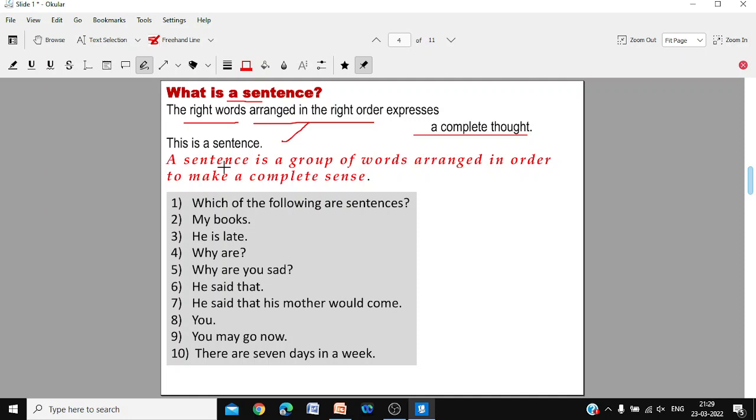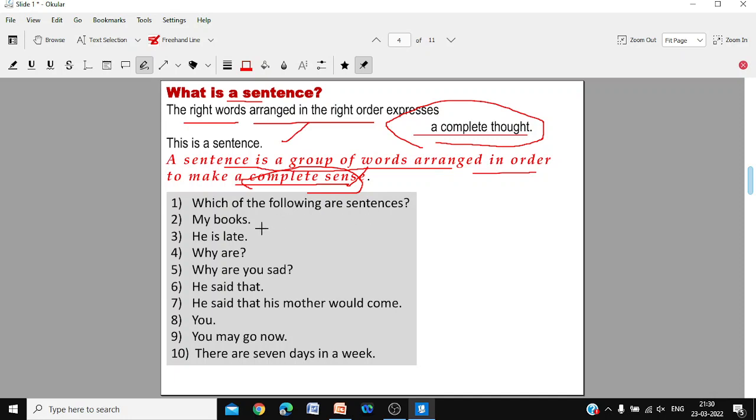So we can define a sentence as a group of words arranged in order, that means arranged in the correct order, so that you make a complete sense or complete thought. You need the words to be put in the right order to make a complete thought, and then only they will be sentences.